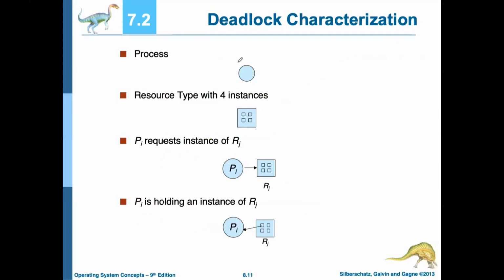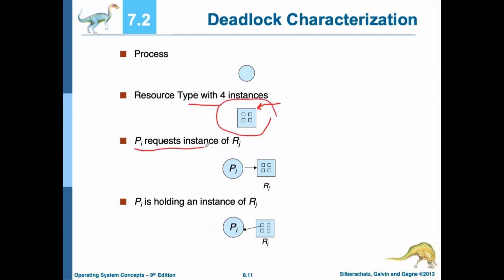A process is represented by a solid circle. And a resource type with 4 instances is represented by a rectangle or square, with 4 small squares inside the box, for example, like this picture or diagram.